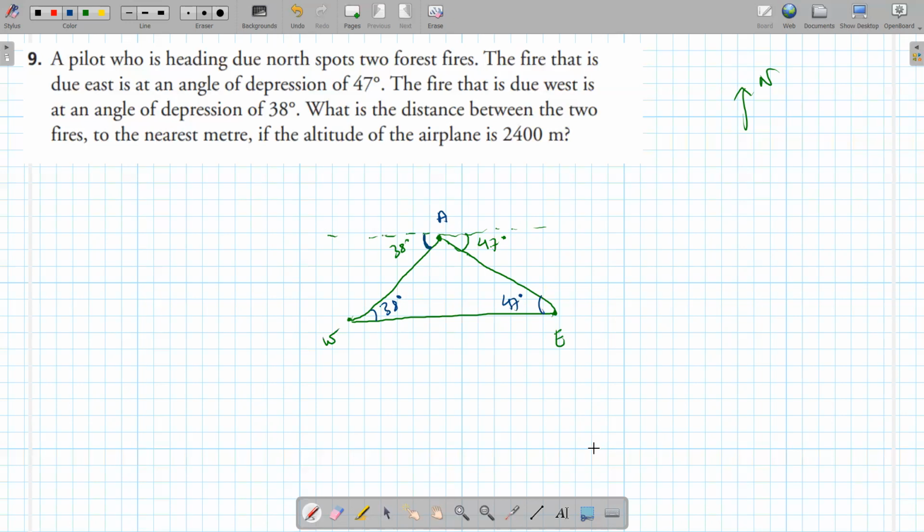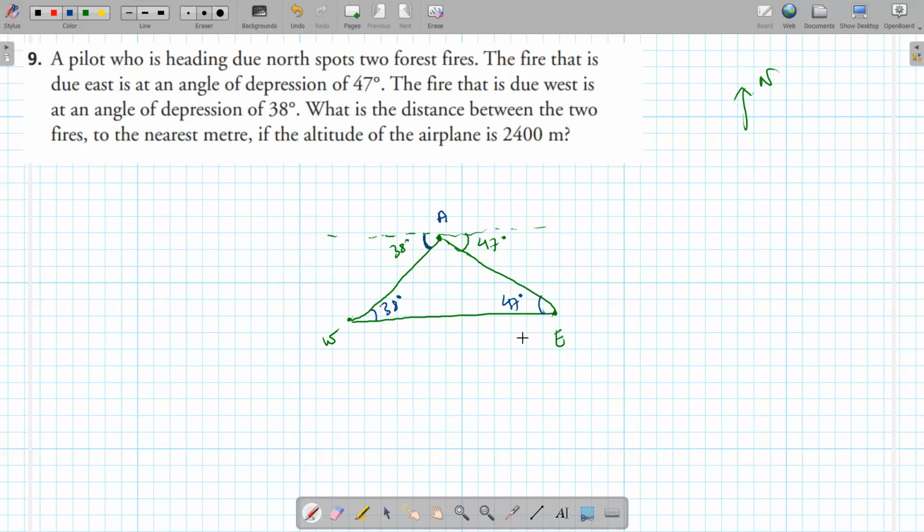And we do know the altitude of the plane is 2400. So which side length is 2400? Like the height. Yeah, the height.